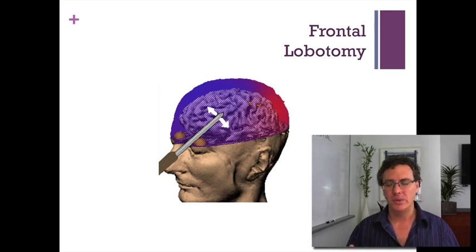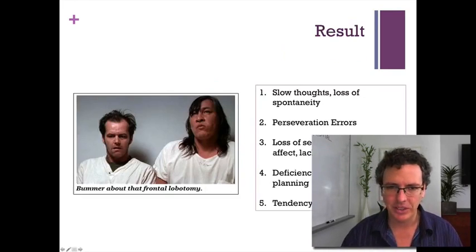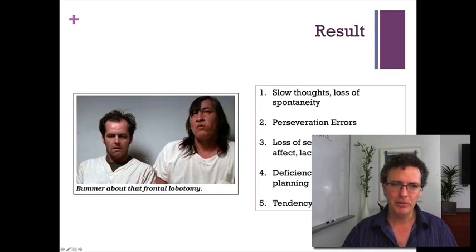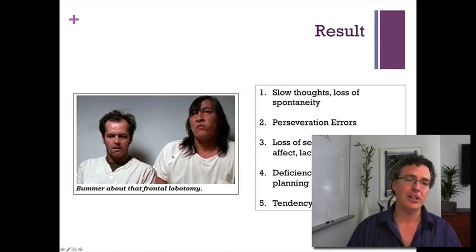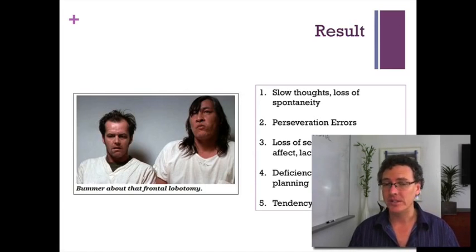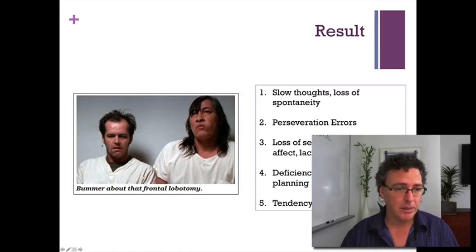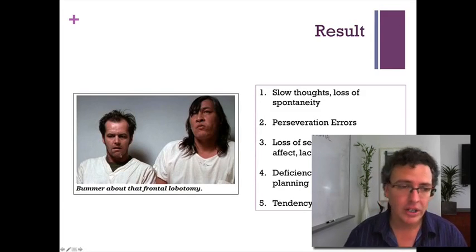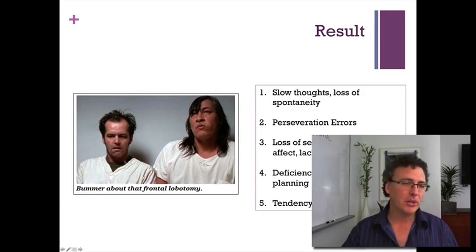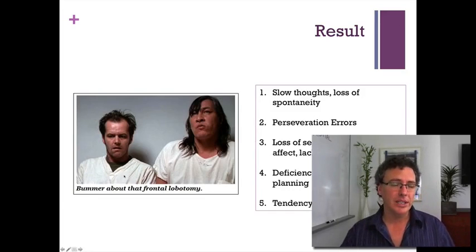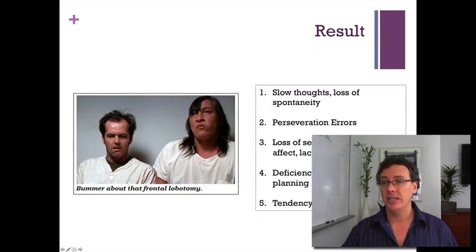But what was left? There's a famous rendition in the movie One Flew Over the Cuckoo's Nest. And if you haven't seen that movie, I'll give you some links to scenes that you can check out. But you might want to check out the whole movie because it's a very interesting movie. Jack Nicholson is the star. And it's all about a guy trying to avoid normal hard work jail time by feigning that he's insane, ending up in an insane asylum.